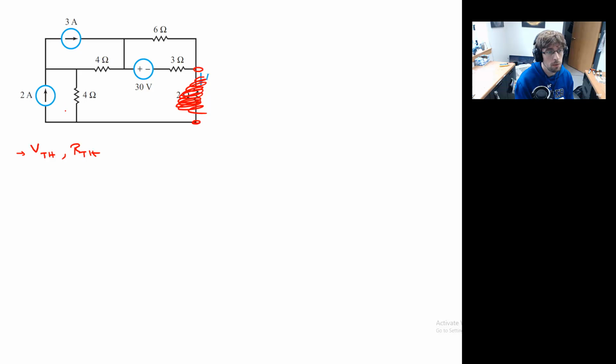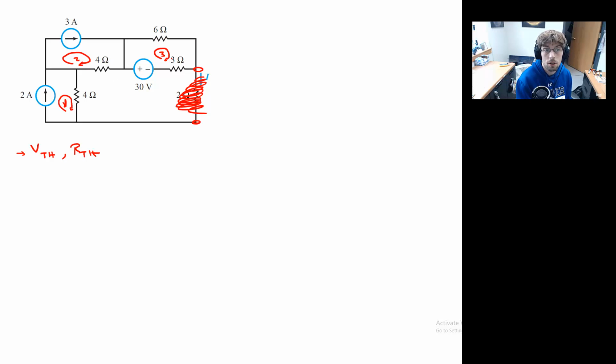I will call this mesh number 1, this one mesh number 2, and this one mesh number 3.